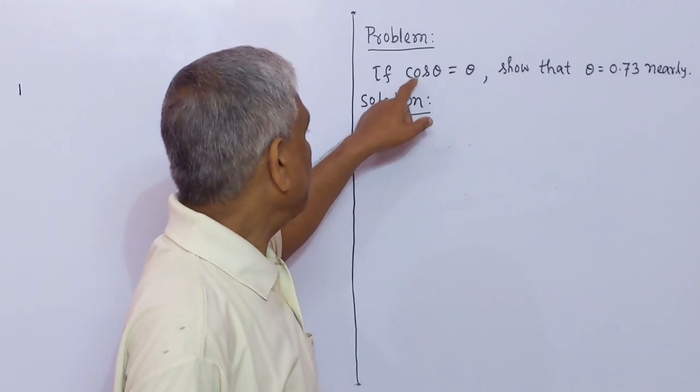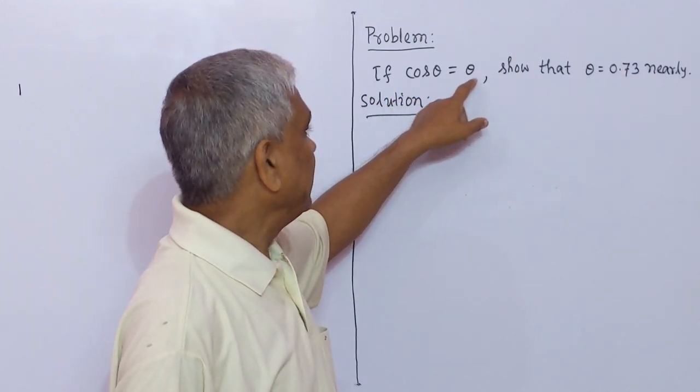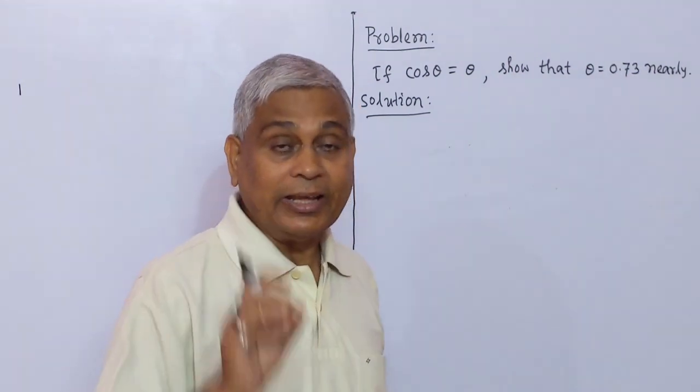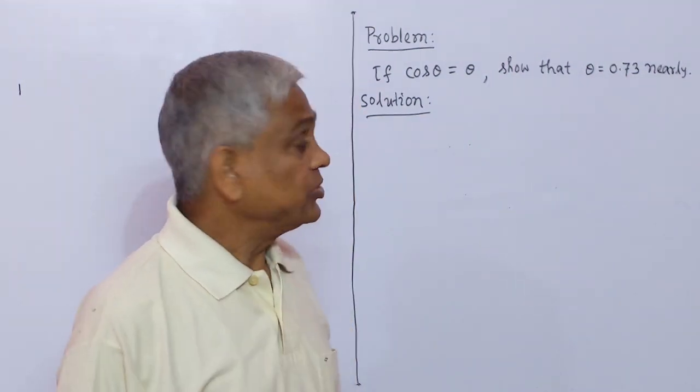The problem is: if cos theta equals theta, then show that theta equals 0.73 nearly. Now we solve this.